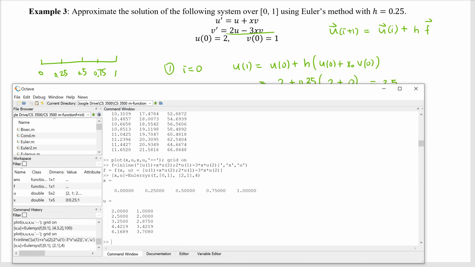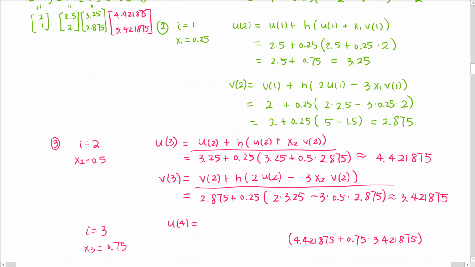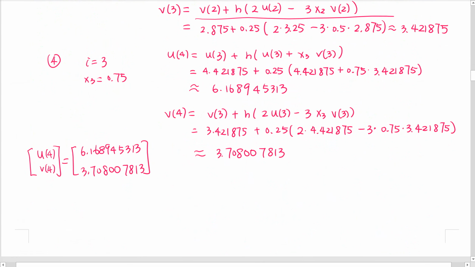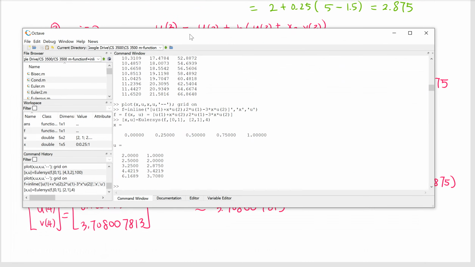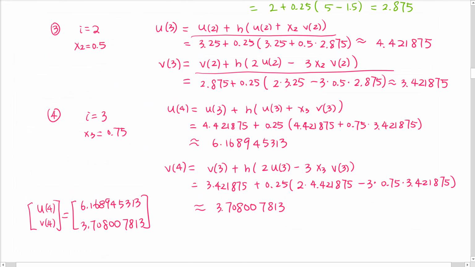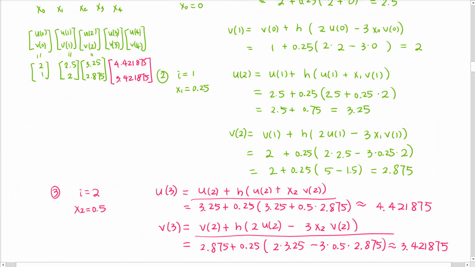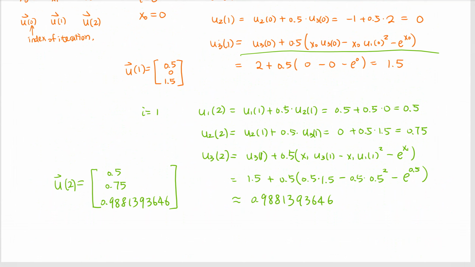Does this match with our answer? The last one we get these. Does it match? Yeah, see? We get 6.1689, that matches, and 3.7080, that matches. So we can also use MATLAB to check our work, like when we do our homework problems.